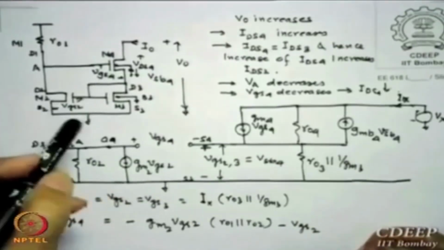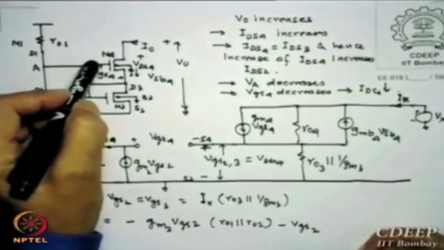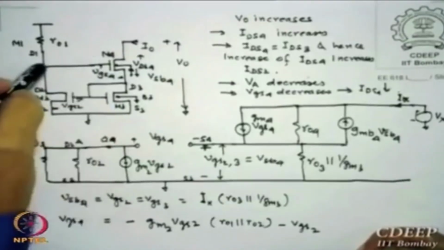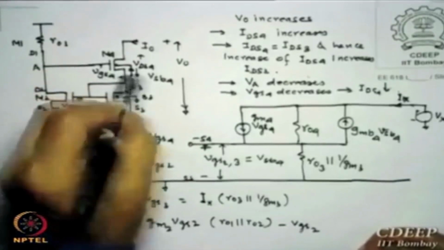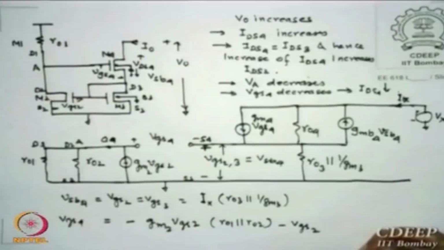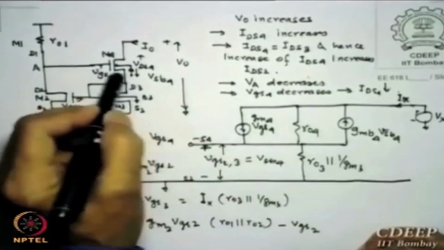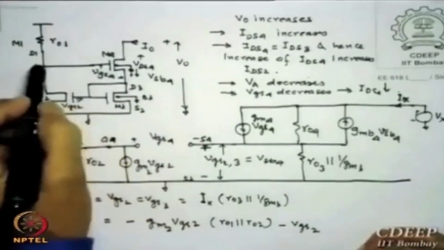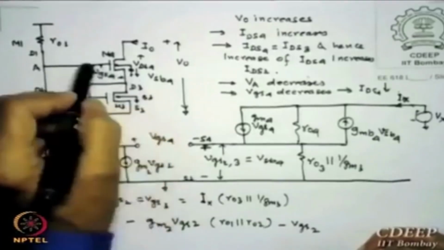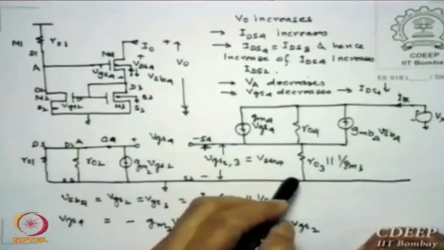Now you see there is a VG here coming here, which is same as A voltage, minus the source voltage of M4 is the VGS4. Is that correct? So the S of this transistor M4 and the voltage here subtraction is VGS4.